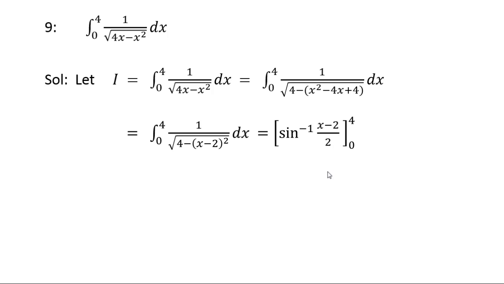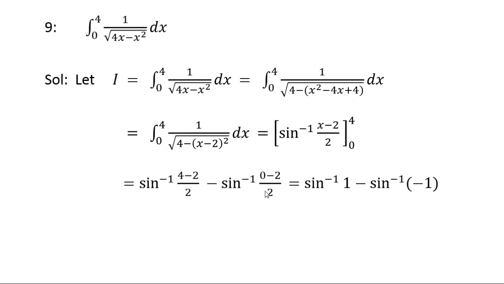Now we have to first put x is equal to 4 and evaluate this expression. Then put x is equal to 0 and again evaluate this expression. When I put x is equal to 4, it is 4 minus 2, 2. 2 upon 2 is 1. So this becomes sine inverse 1. And when I put x is equal to 0, this becomes sine inverse minus 1.